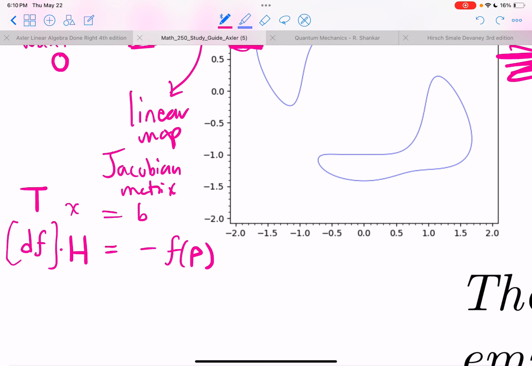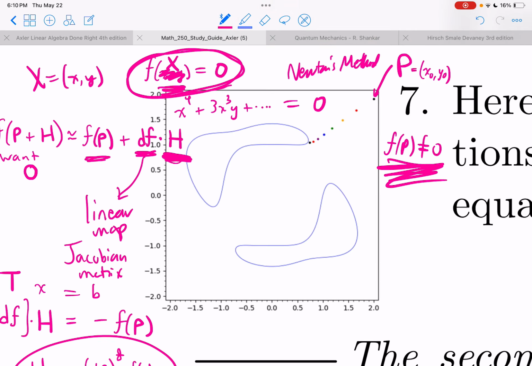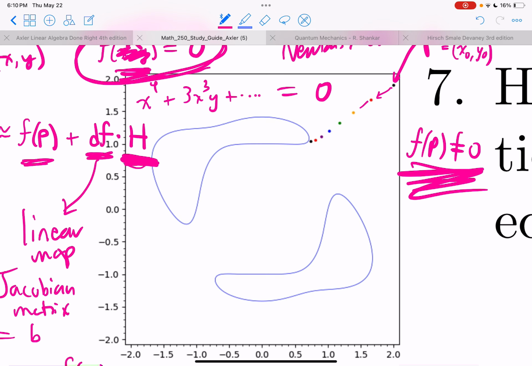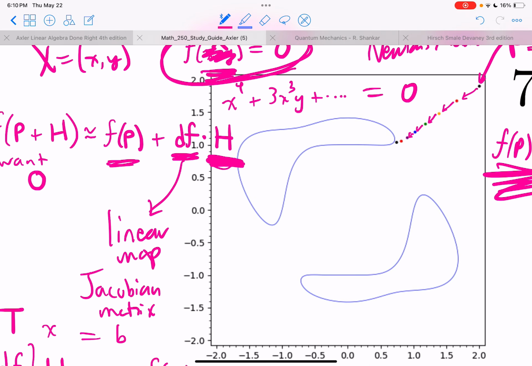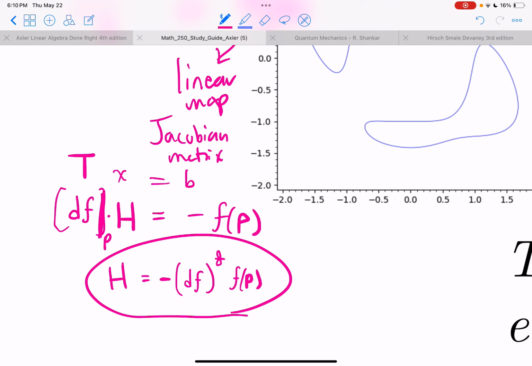So we set h to be the pseudo-inverse of our Jacobian matrix applied to negative f of p. That's how you find the movement vector, and that's how I computed these updates. You just keep repeating this, evaluating the Jacobian at p each time, so it's the pseudo-inverse of the Jacobian evaluated at p.